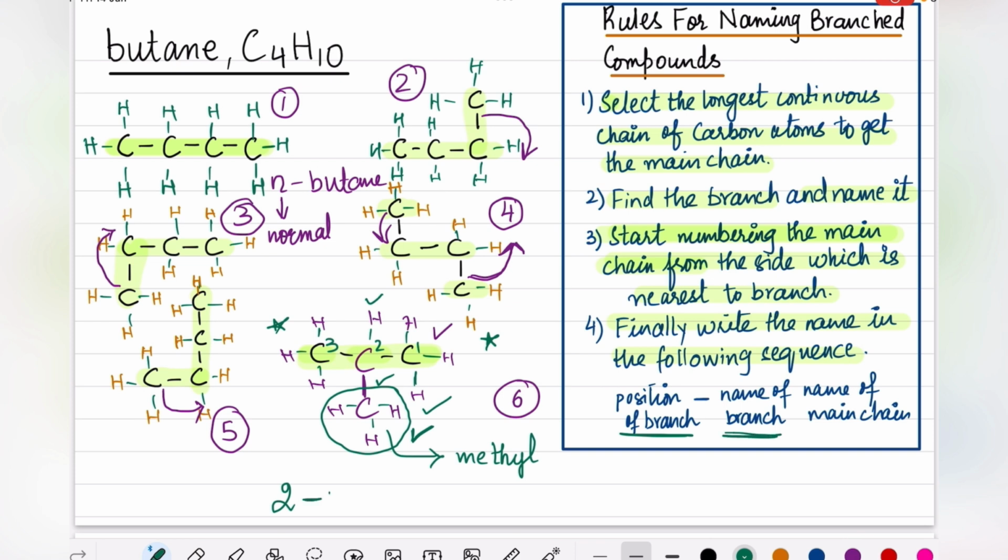The name of the branch is methyl, 2-methyl, and then the name of the main chain. The main chain consists of all single bonds between carbon atoms, so this is a 3 carbon alkane, so its name will be propane, without any spacing and without any capital letter. Its name will be 2-methylpropane.